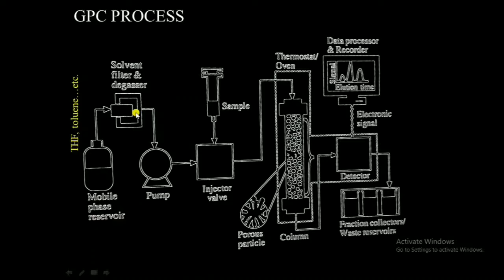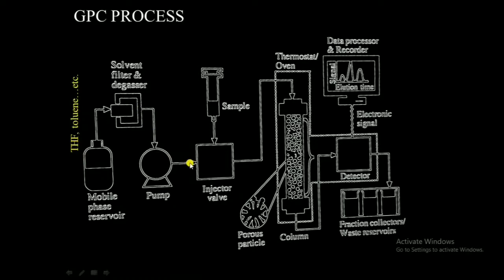For that, we will pass an inert gas like nitrogen continuously, so that these trapped gases will go out. That is based on Henry's law. You will study Henry's law, I think, in your next semester.